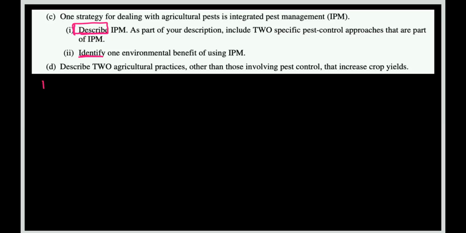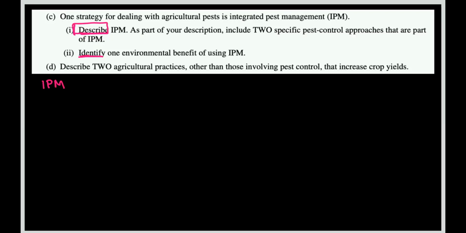Basically IPM is called integrated pest management, and we'll learn more about this in our agricultural unit. I know we haven't gotten to this information yet, so it may feel like, wow, this is really, really hard.